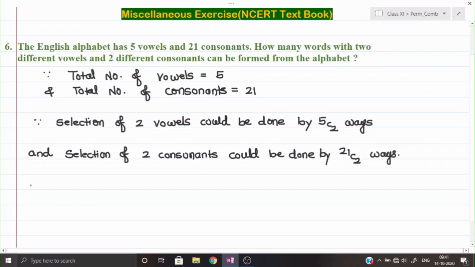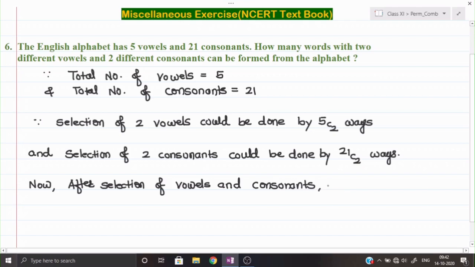Okay, and one more thing, now we will write down: after selection of vowels and consonants, we can make a 4-letter word.